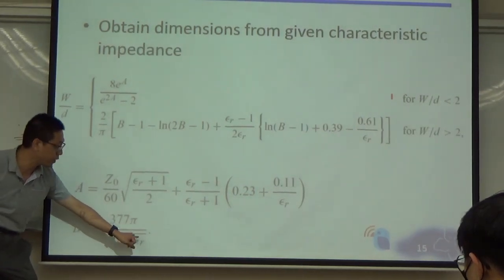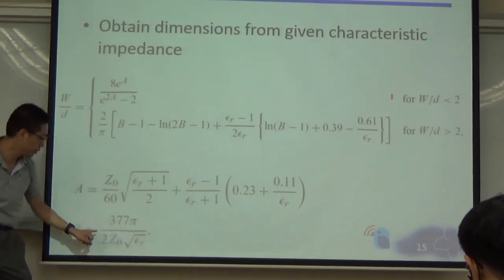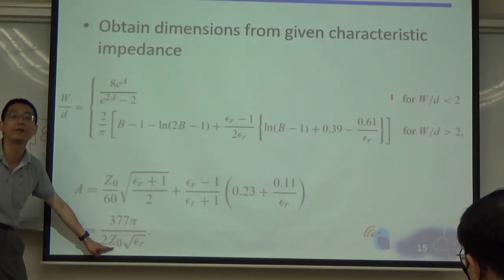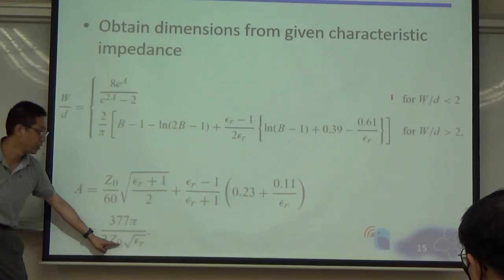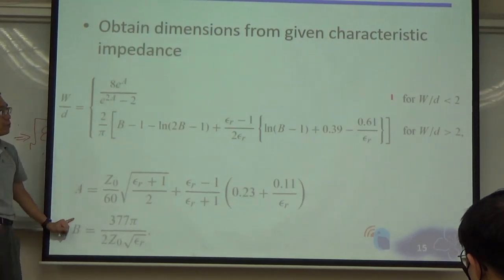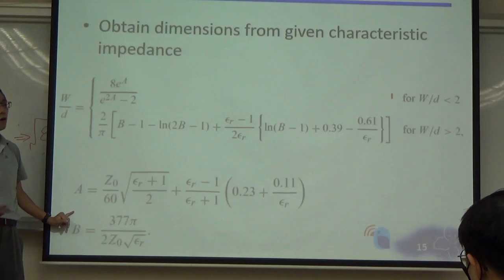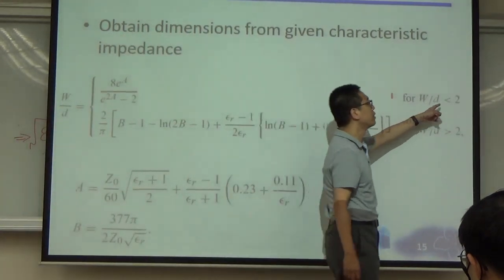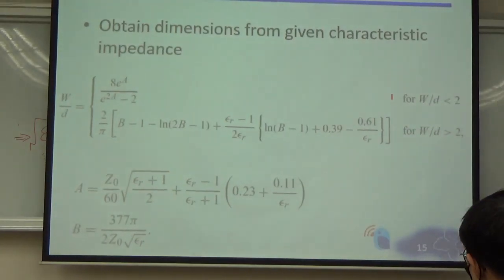You put in epsilon r and the Z0 you want to obtain, and then you obtain A and B. Of course, you don't know whether the answer is less than 2 or larger than 2. For this one, maybe you need to try.